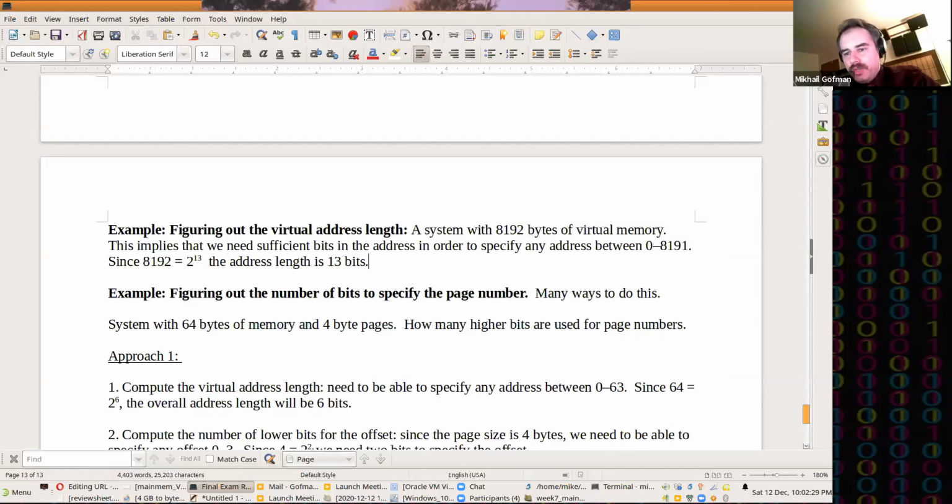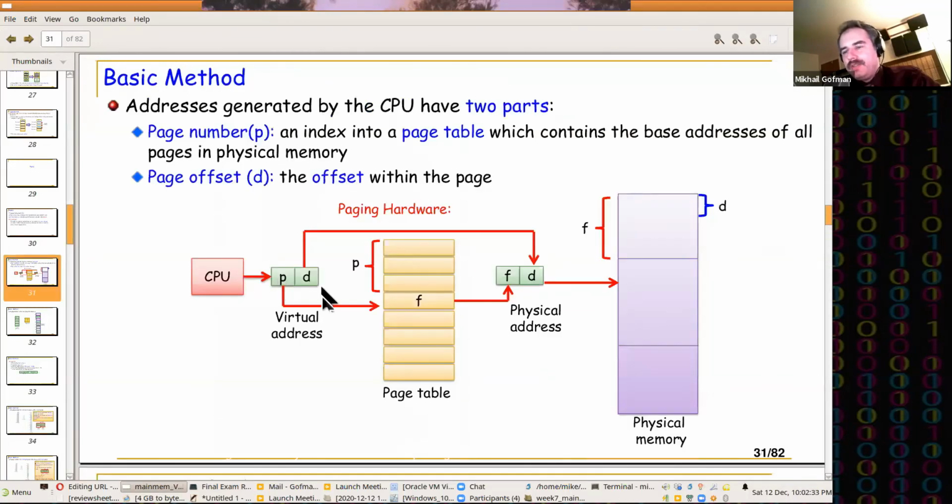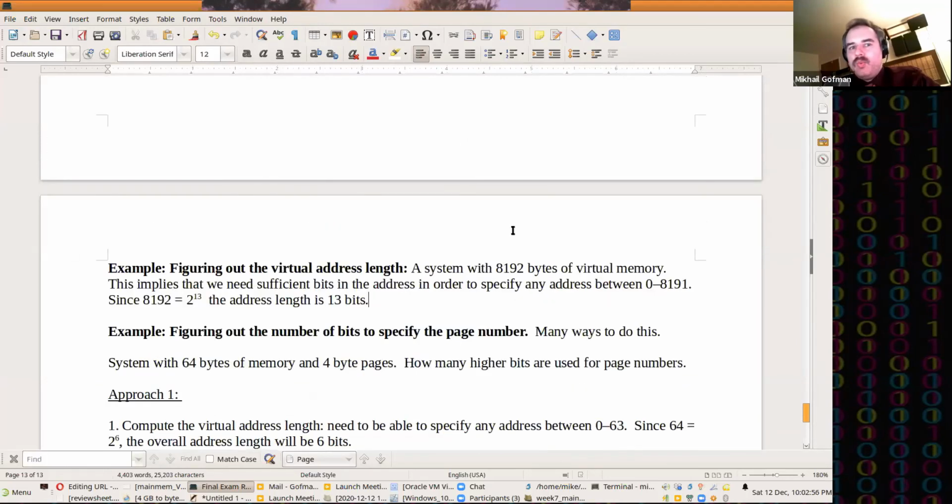Now, in paging, we're going to take every single address which the process issues and split it into the page number and the page offset. Basically, the page number, and what offset within the page are we going to be accessing. So how do we do that split?